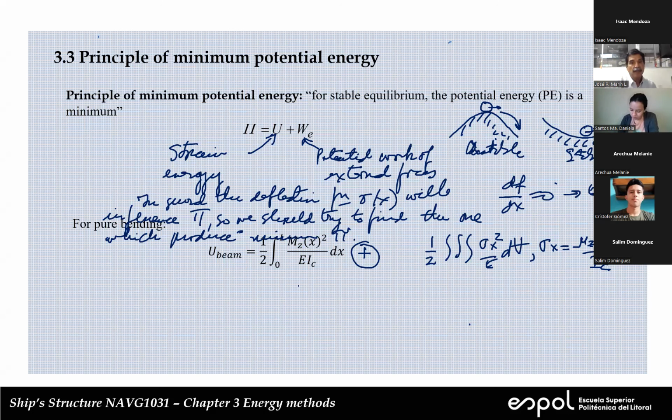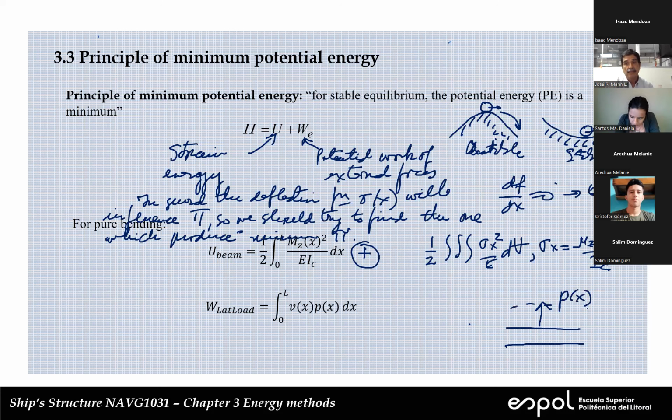That's it. The other term, remember, this is not the work, it's the potential work of the external loads, right? So if you have a beam like this, and you have a force, this is force per unit length, right?